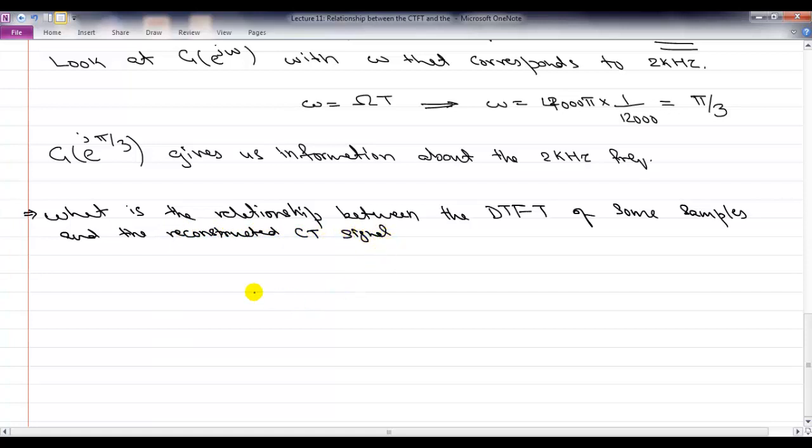So the general representation is I can give you a sequence, and I don't have to tell you where the sequence came from.